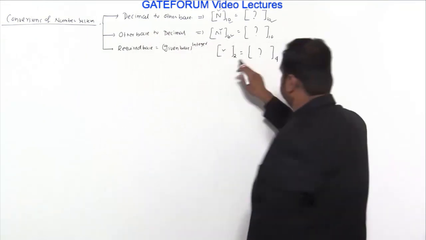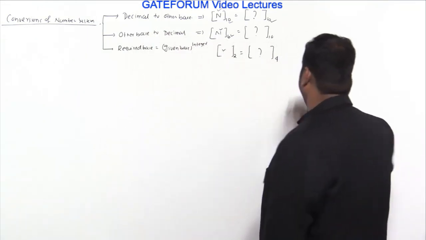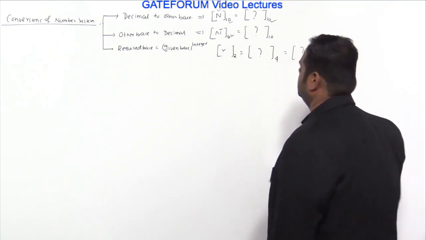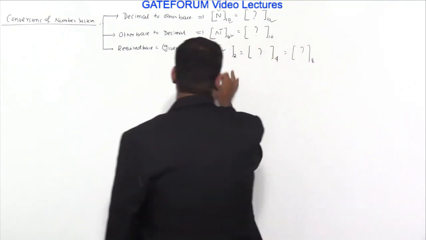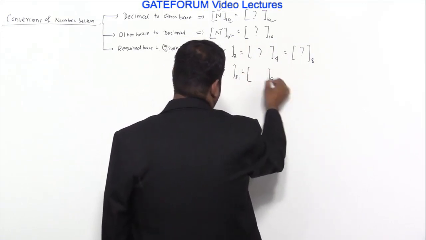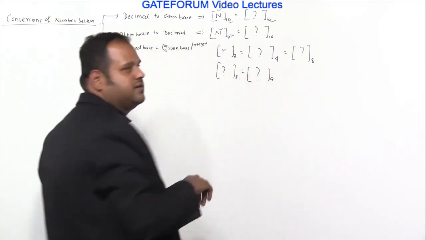This 4 is 2 square. This is one category. Or if somebody asks me to find the octal equivalent of this, or somebody can also ask me, a base 3 number system is given, I want the base 9 equivalent of it.